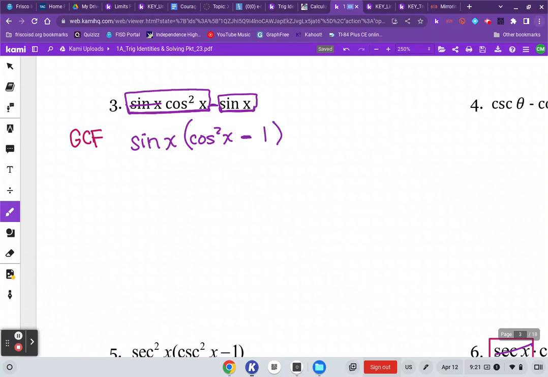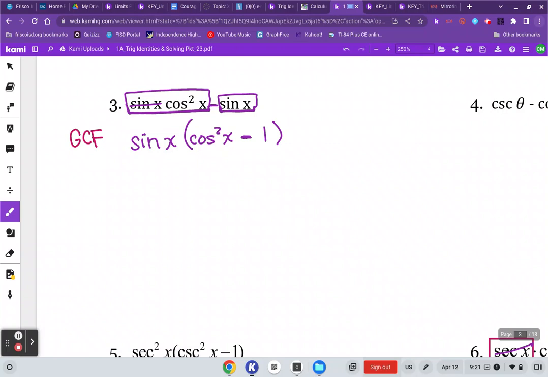My next step is going to be to see what I can substitute in place of anything that I have here. And I happen to notice that I have one of my identities, one of my 3 new ones. My hint is whenever you see things, especially if they're separated by a parentheses or they're kind of off by themselves, anything that has a plus or a minus 1 with it, probably 90% of the time it's going to be a trig identity.